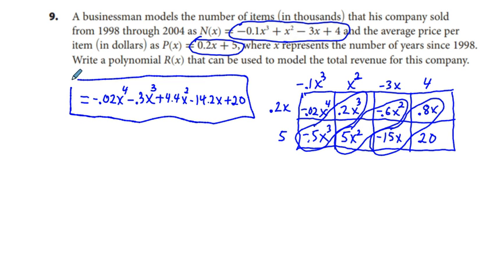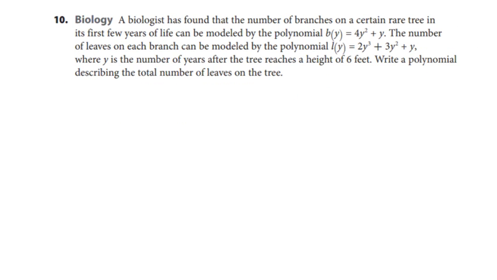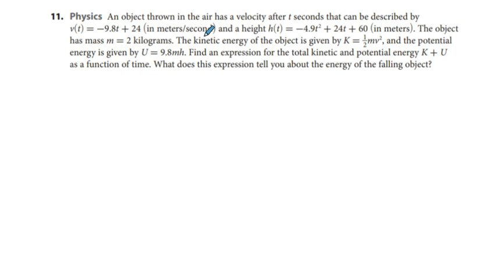Okay, in this set, the last one we're looking at is 11. And we have physics here. It gets pretty big, so I don't really want to work through the whole thing. I'll just show you what's going on. What you have is a lot of things to multiply and combine.